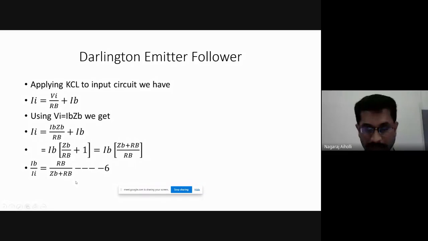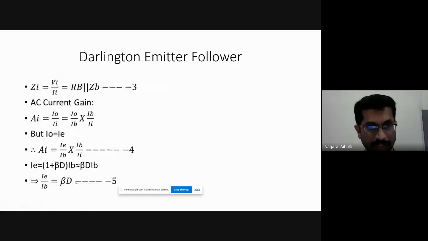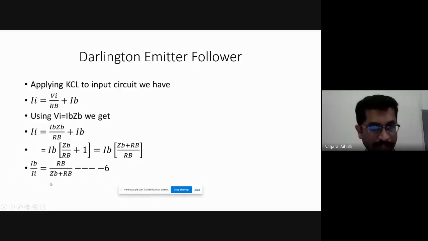We are interested in this IB upon II because our main equation is the AI current gain equation, that is IE upon IB into IB upon II. Therefore, IB by II is equal to RB by ZB plus RB. Take it as equation 6.